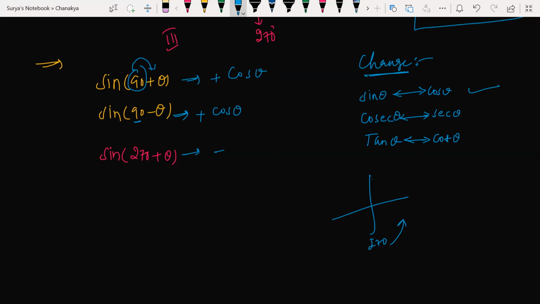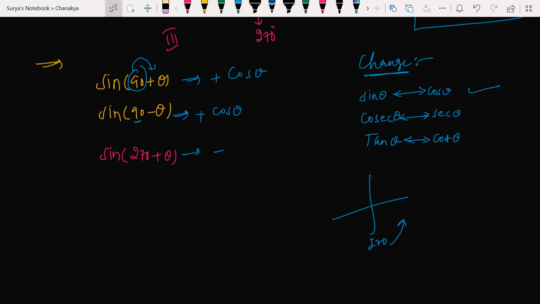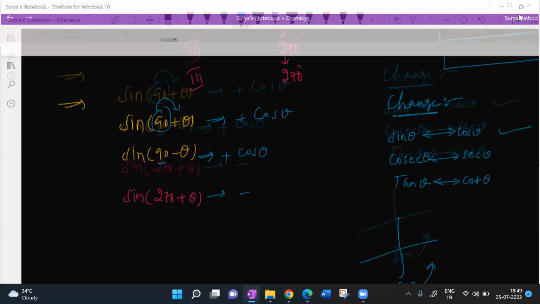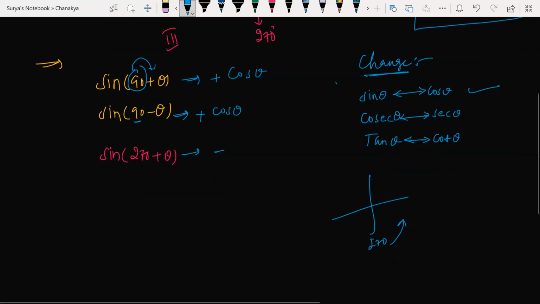Sin will be negative. Tell me, guys, are you here? Yes. 270 plus theta, fourth quadrant, sin will be negative. So with 270, sin changes to cos. Minus cos theta is the answer. Any doubts?